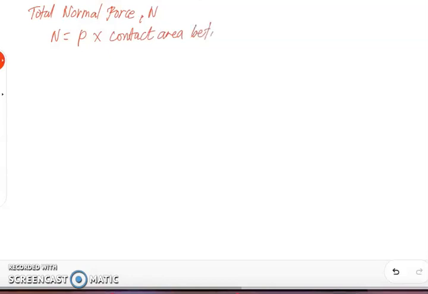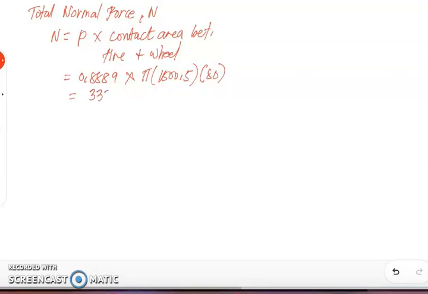So therefore, this is equal to 0.889 times pi times 1500.5 times the thickness, times the wideness of, which is equivalent to 80. So this gives us the normal force equal to 335,214.92 Newton.